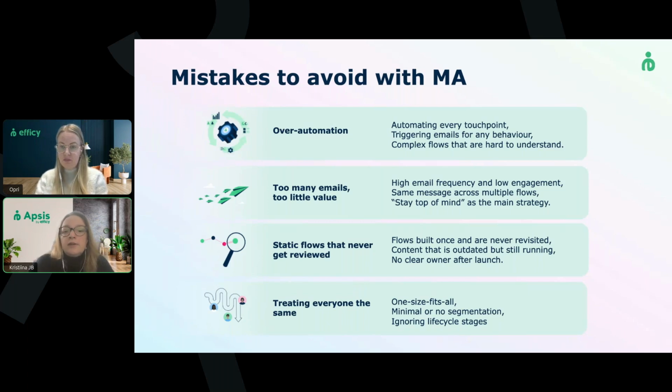This build-and-forget approach, where you build a flow and then leave it as is, is where you get troubles: you might have outdated content, links that don't lead anywhere anymore, discount codes that aren't used anymore. And then also make sure that there's a clear owner. When you start with your marketing automation flows, who is going to revisit the flows? Who is going to work with optimization and follow up? That's really, really important.